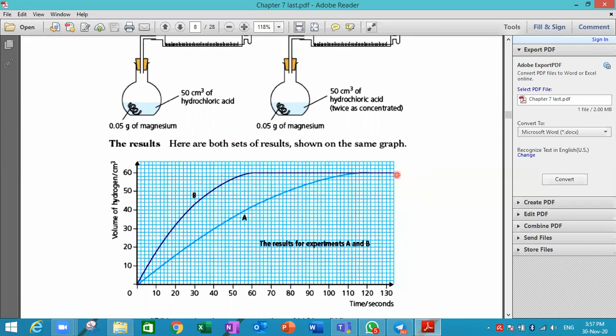Now, if we not only increase the concentration of hydrochloric acid, but we also increase the mass of the magnesium ribbon from 0.05 grams to 0.1 gram, what will be the difference in our result?